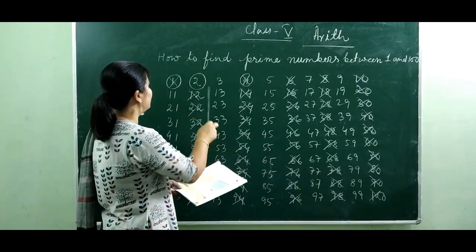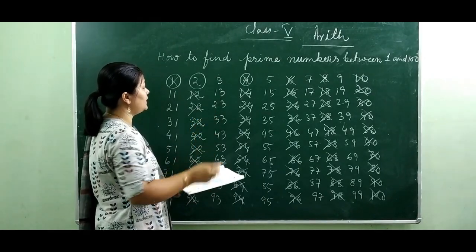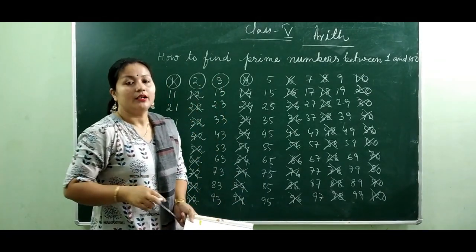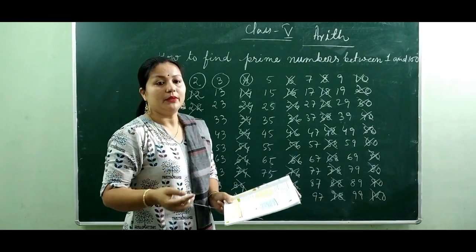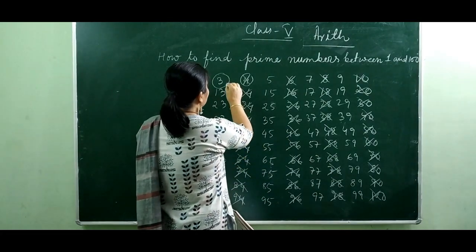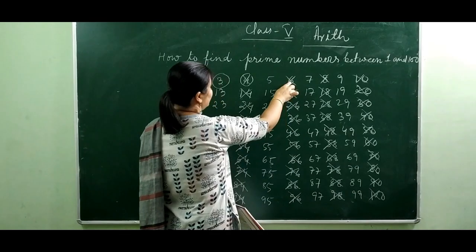So the first prime number is 2. The next prime number is 3, because 3 has only 2 factors. Now again we'll cut the multiples of 3. If you count by 3, 1, 2, 3, it's already cut.